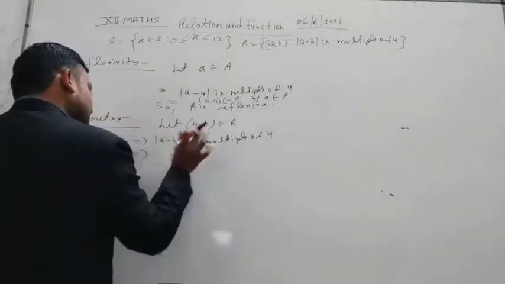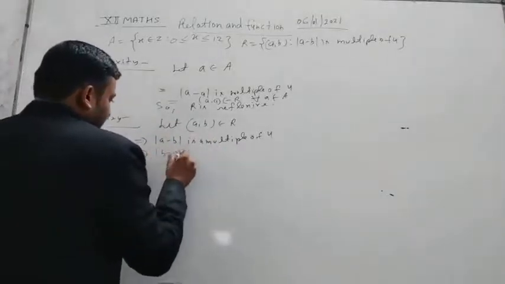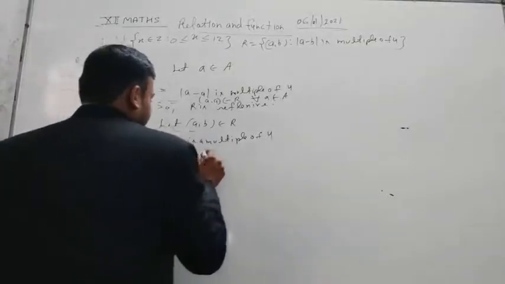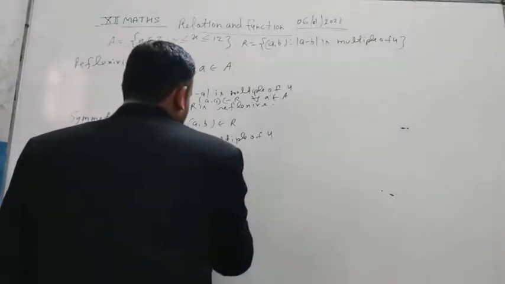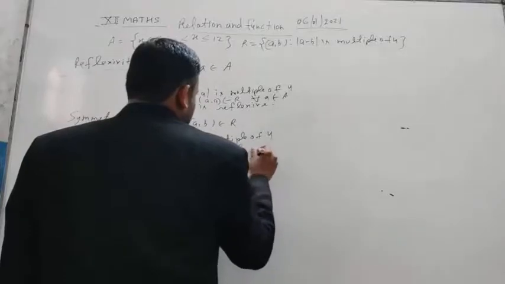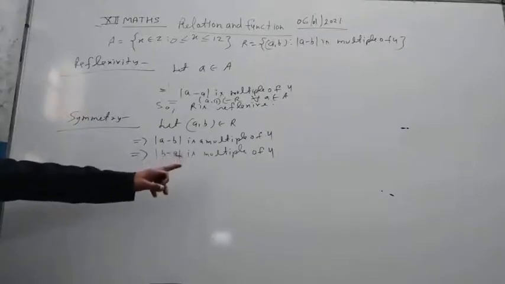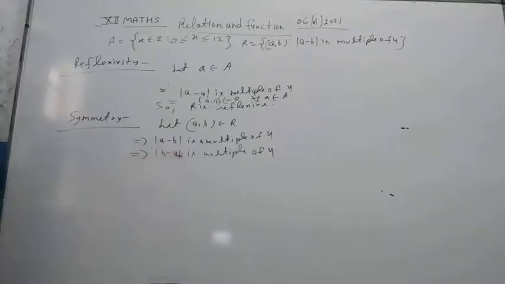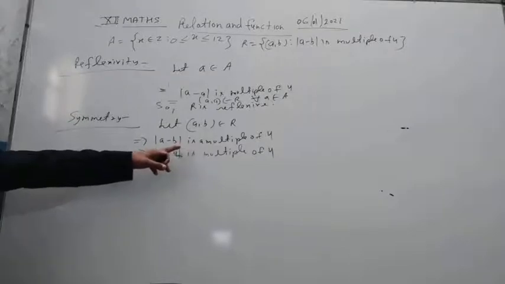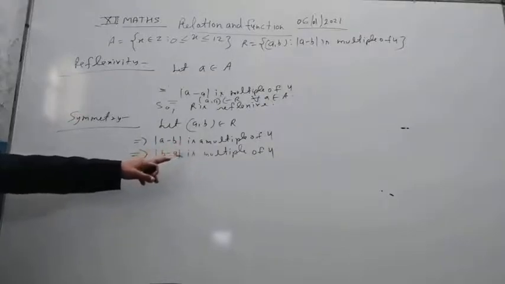Sorry, we can write this b minus a is a multiple of 4 also. If (a, b) belongs to R, then we can say that our a minus b is a multiple of 4. Okay, student.